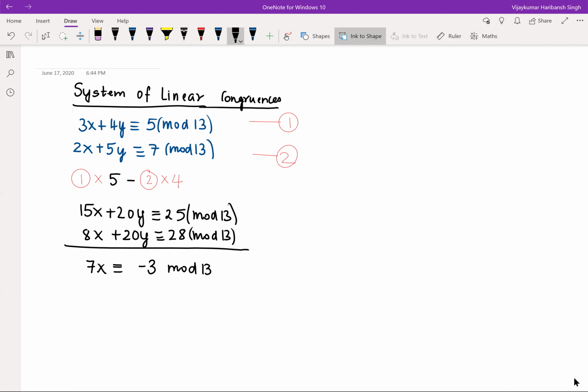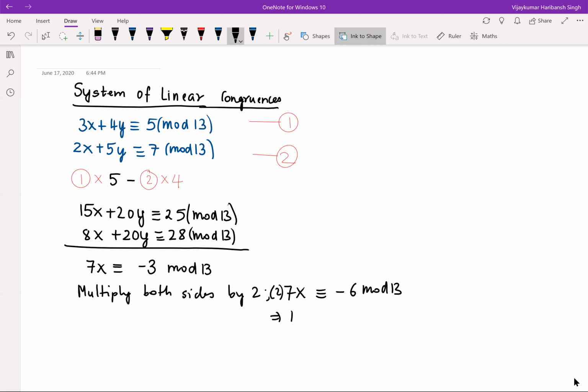So we need to get rid of 7 from this side. Let's multiply by 7 inverse, and 7 inverse is 2, right? So multiply both sides by 2. We get 7 times 2x is congruent to minus 6 mod 13.